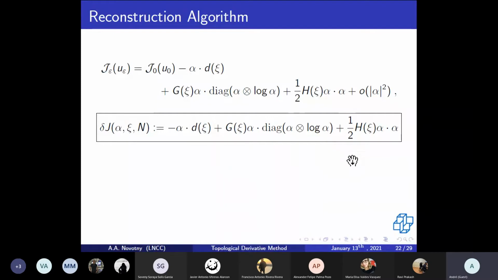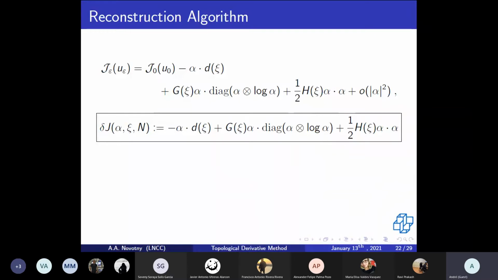If we want to minimize the shape functional, then we want to minimize this quantity, which is the explicit part of the expansion. So here is the heuristic we are using: we are truncating the expansion and trying to build the reconstruction algorithm from the information we have at hand, which is this one.